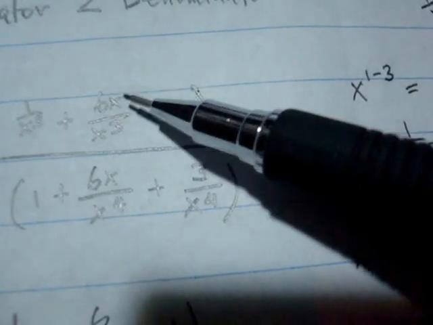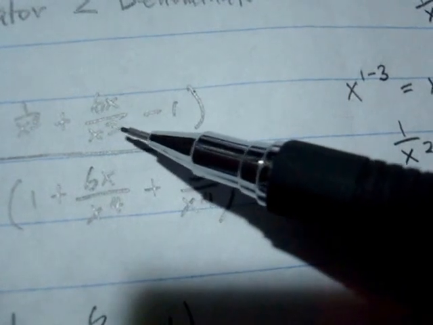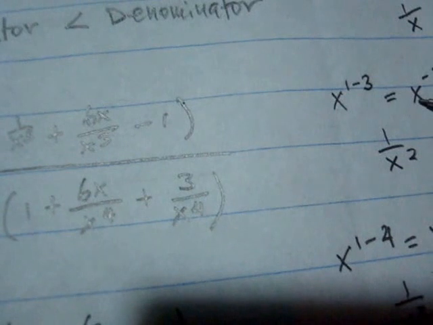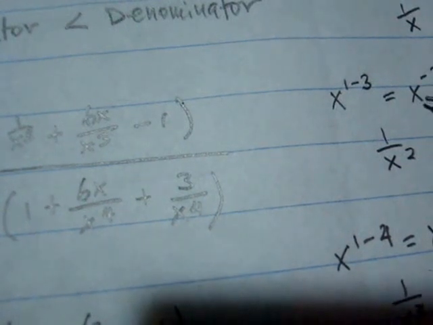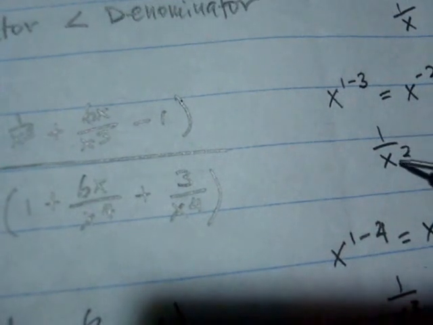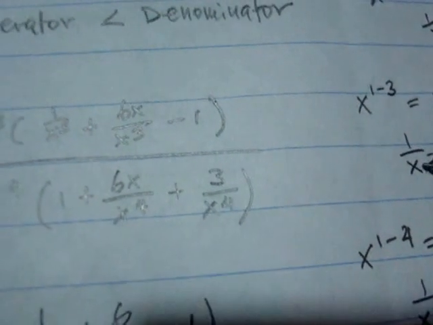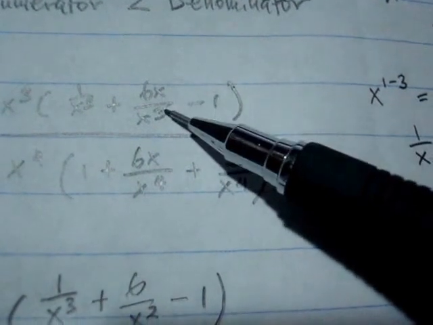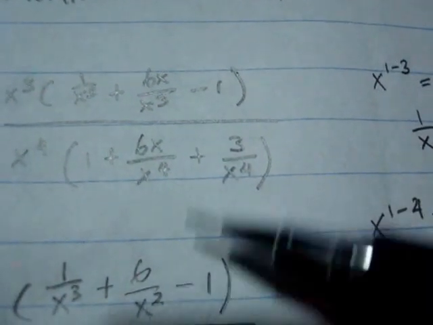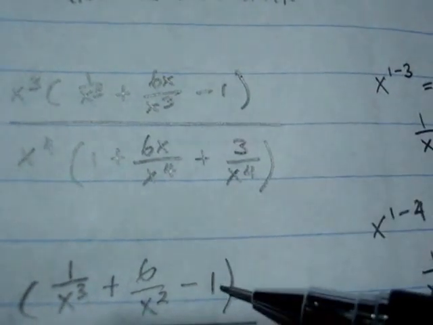X to the first power divided by x to the third power, you could actually subtract it. So it will become x to the negative 2. To get rid of the negative exponent, you put it on the denominator. So as for this one, it will be 6 divided by x to the second. And this one's the same thing.